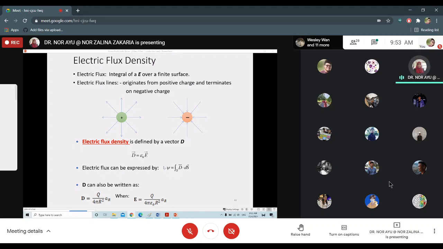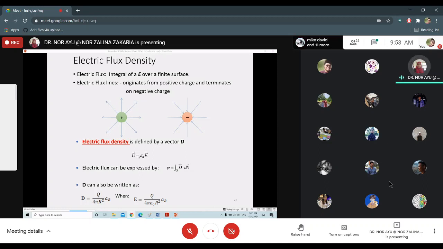Okay, this symbol, flux, is equal to the integration of D dot dS. Okay, how much flux density passes through a surface area. So that will be your flux. All right. So D can also be written as D equals Q over 4 pi r cubed, in the direction vector AR.